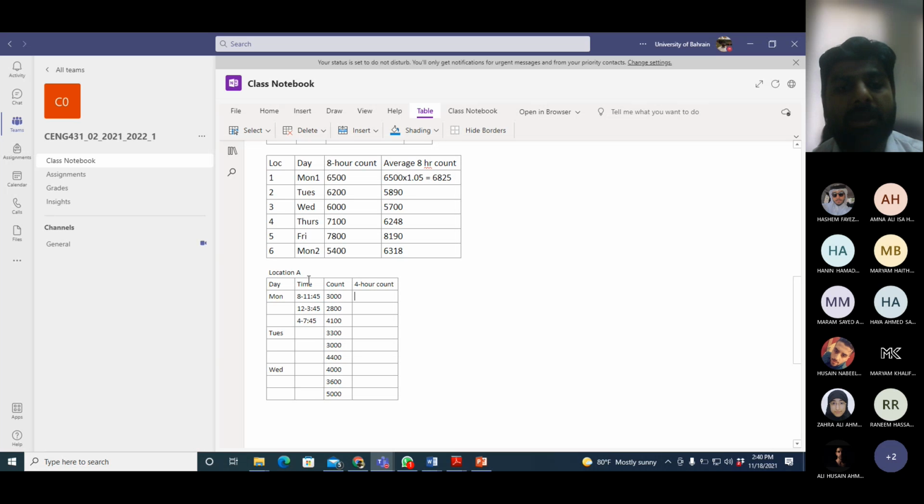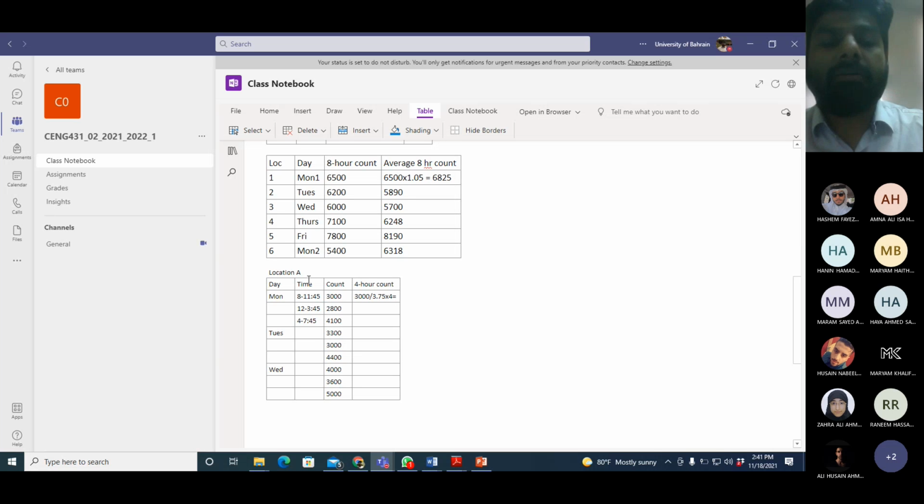So 45 is 0.75 of 60 minutes. So 3 hours 45 minutes means 3.75. So 3000 divided by 3.75, multiplied by the number of hours I want, multiplied by 4. This will convert the count from 3.75 hours to 4 hours.